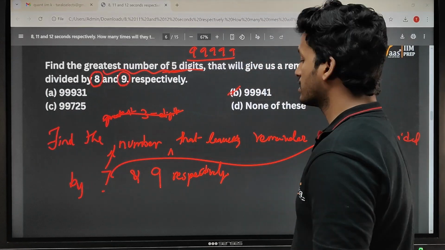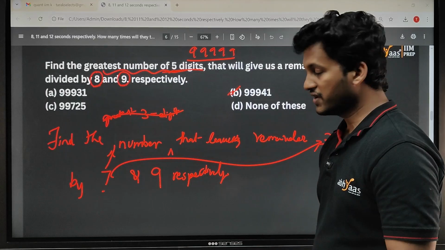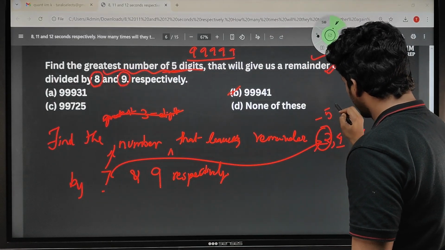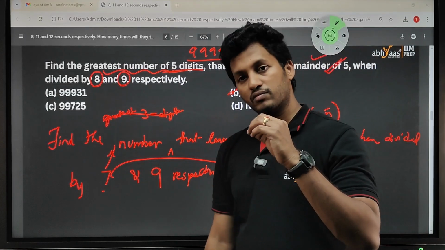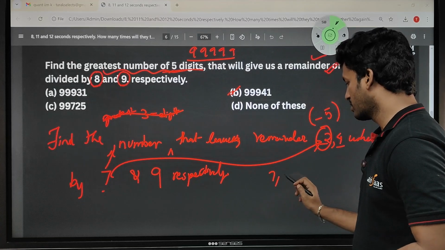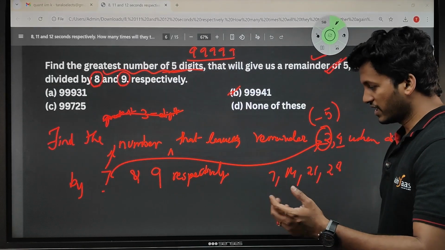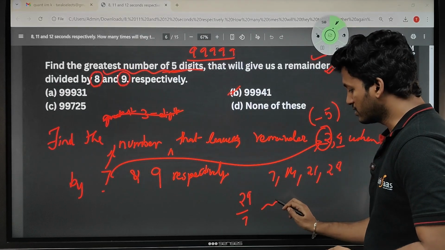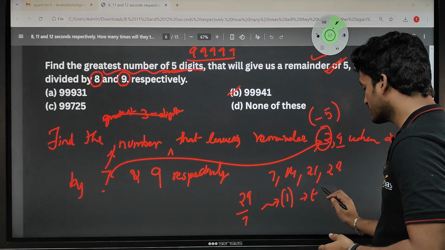You will understand the question like this. If I divide a number by 7 and it leaves remainder 2, it can also be called minus 5. That means in multiples of 7, what are the multiples of 7? 7, 14, 21, 28, like that. For example, if I divide 29 by 7, it leaves remainder 1, or I can also call it minus 6.